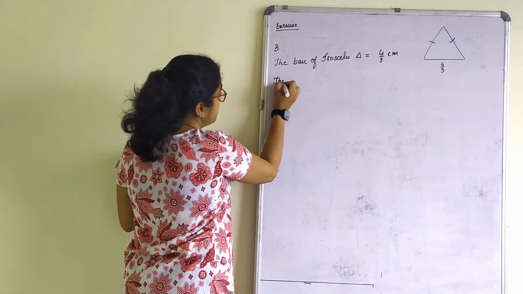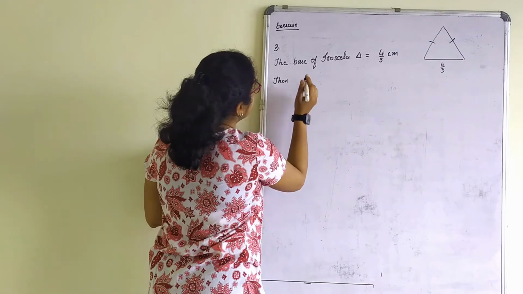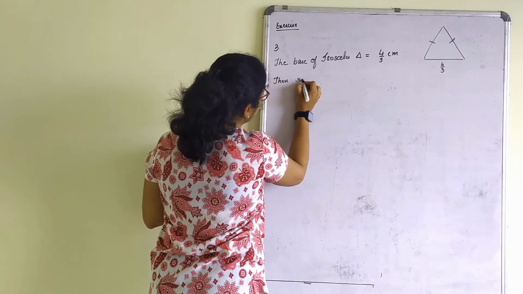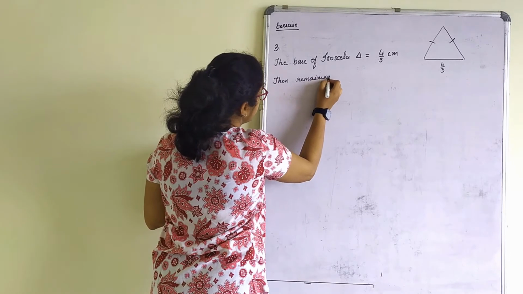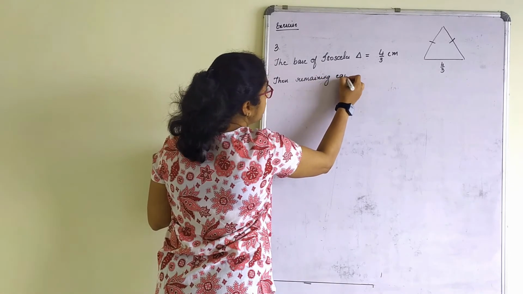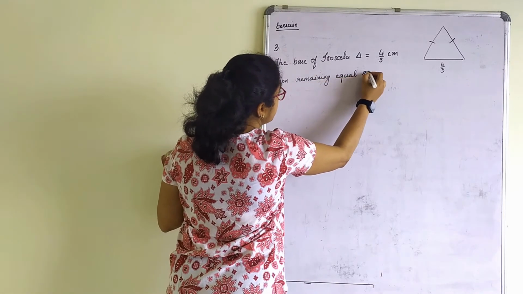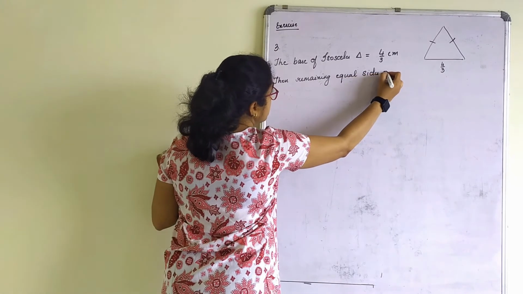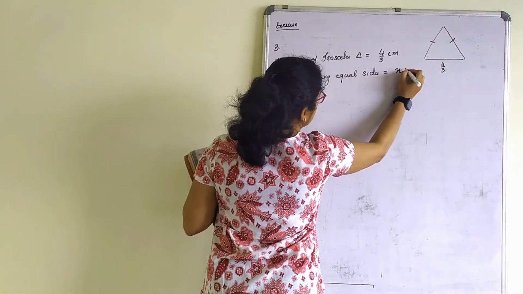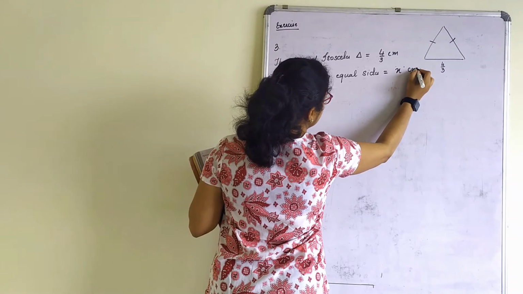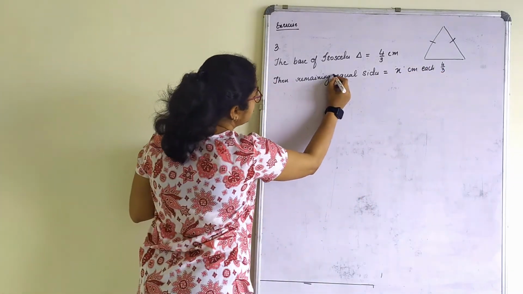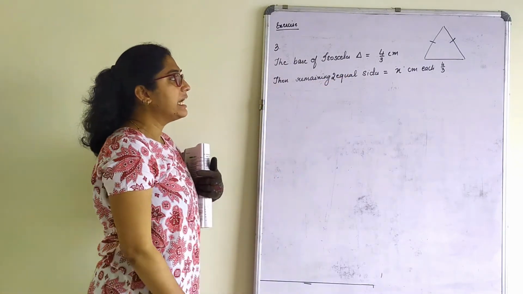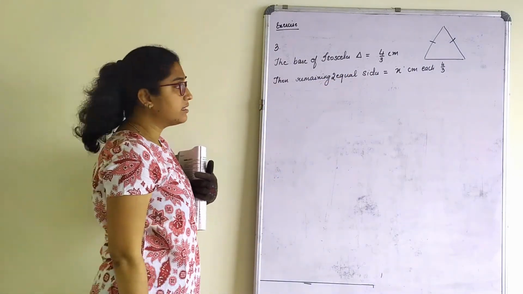Then I can say the remaining two equal sides be x centimeter each.